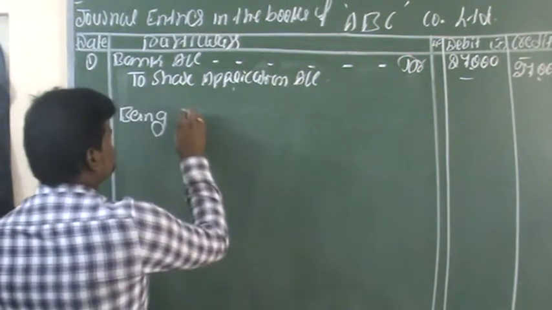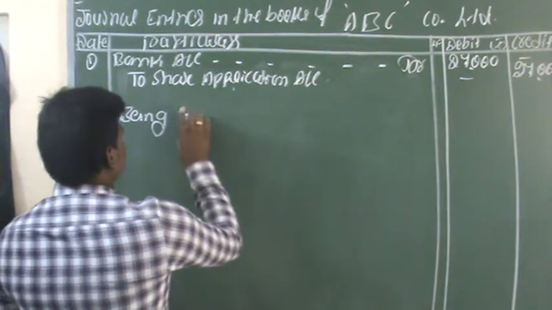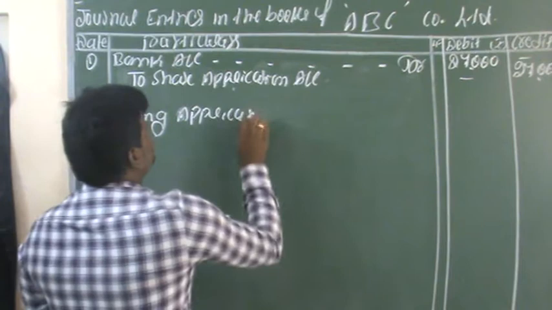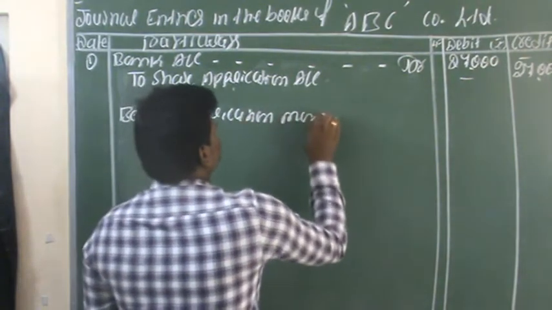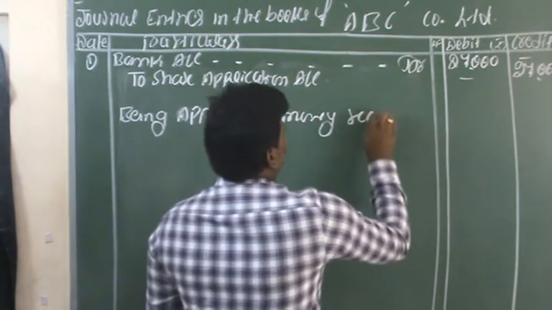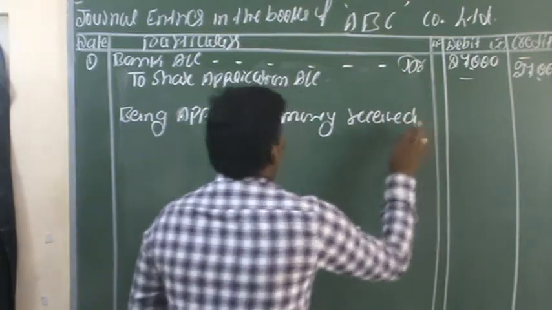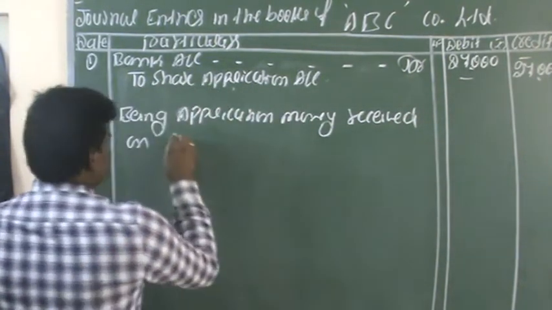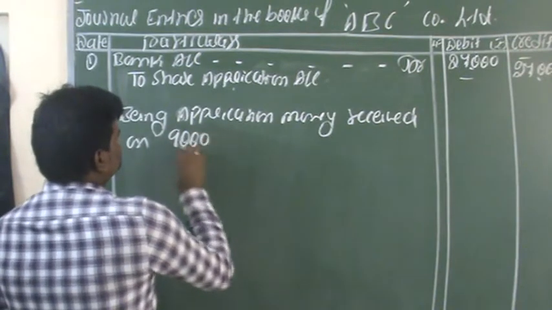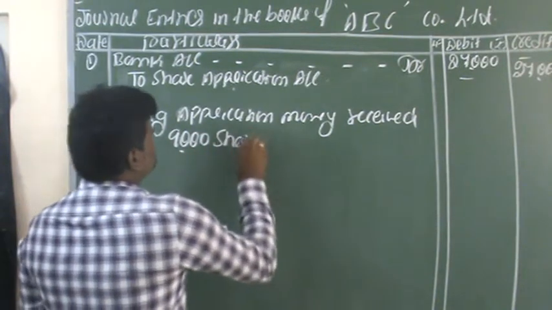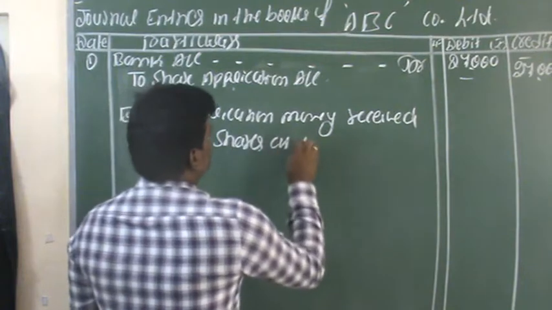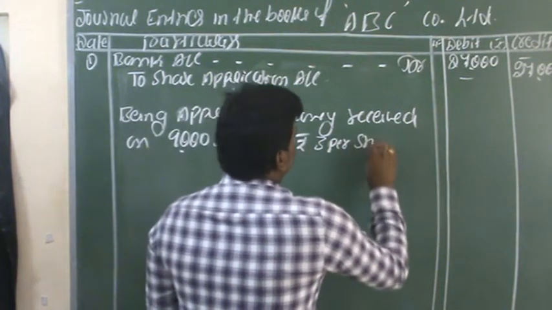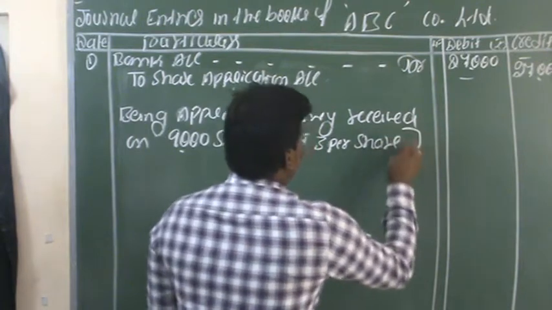Being application money received on 9,000 shares at rupees 3 per share.